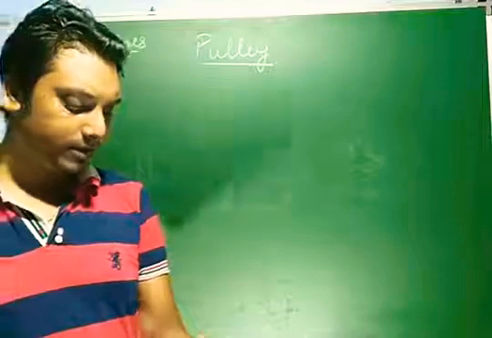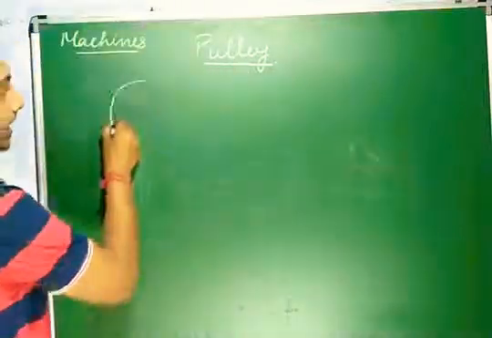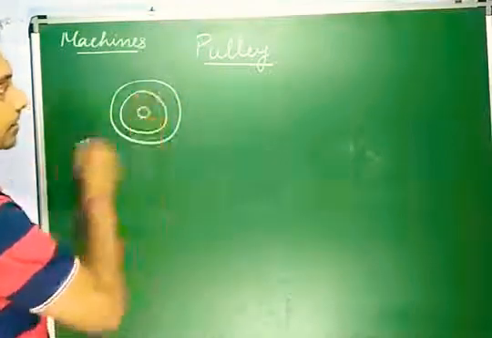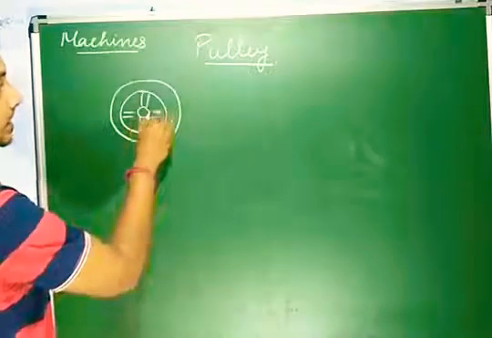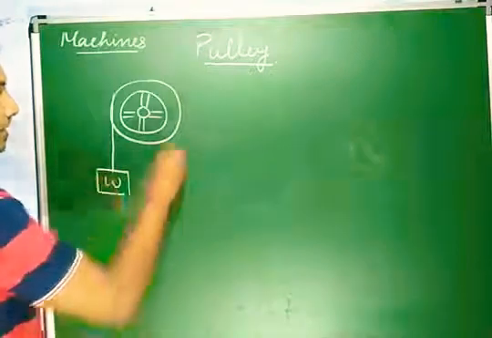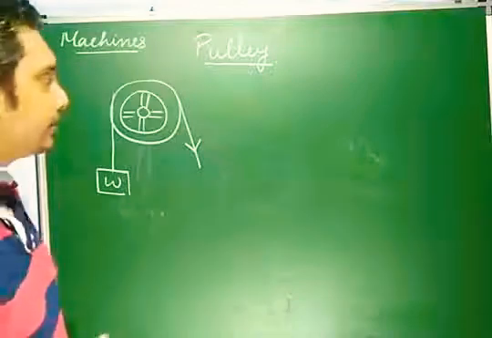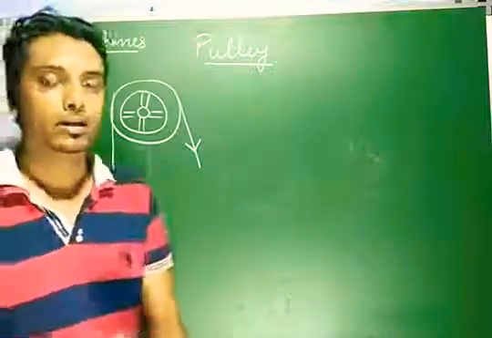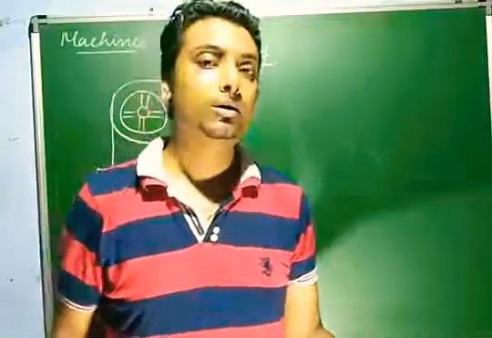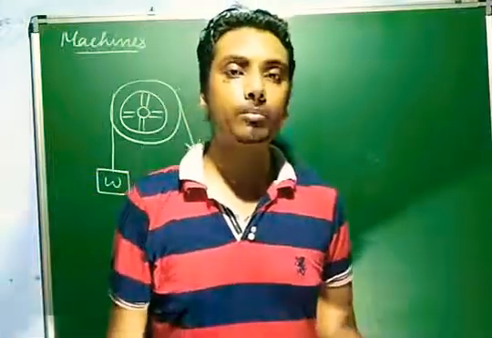Now you all might have seen how a pulley looks, right? A pulley has a circular disc-like thing like this. It rotates from the center, and from one end a weight is put, and from the other end it is pulled. This is a pulley which you commonly see over wells, by which we pull and bring up water from the bucket.